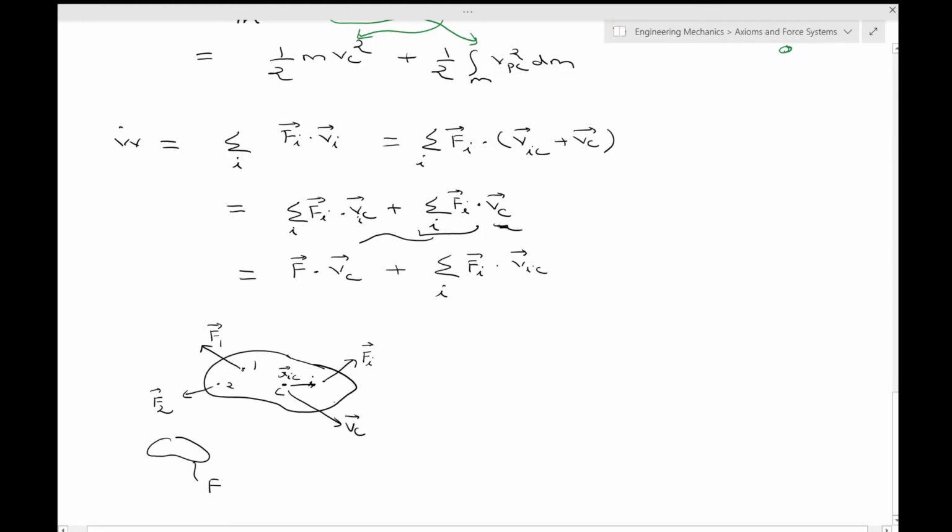Velocity of the center of mass is vc. Okay, and say the nth point is n, having a force Fn.